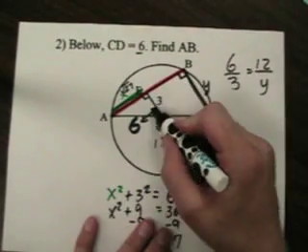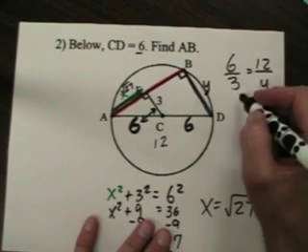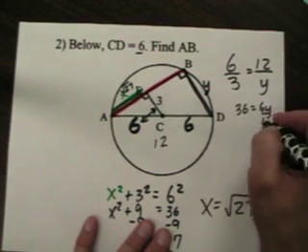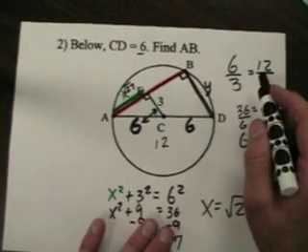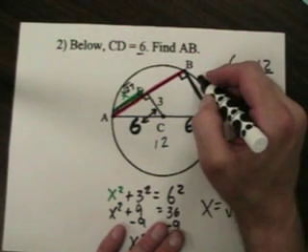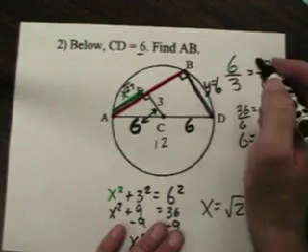So in other words, this is to this as this big piece is to that little piece there. Cross multiply, I get 36 equals 6y. I divide by 6. Y equals 6. So it looks like this one is going to be 6.